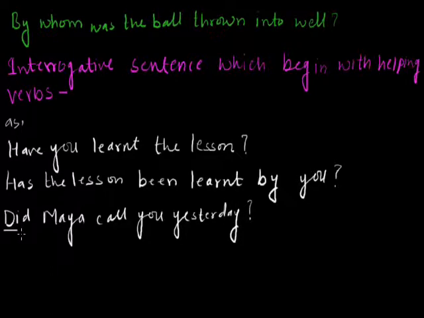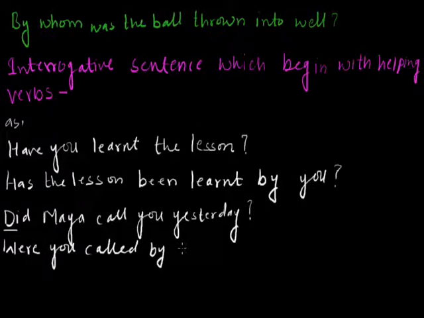Okay, but first let us decide what is the object here. The object in this sentence is you, so we will use the helping verb were because you is given as the object. Okay, were you, then the third form called, preposition by, doer of the action Maya, then yesterday. Were you called by Maya yesterday will be the passive voice of this sentence.